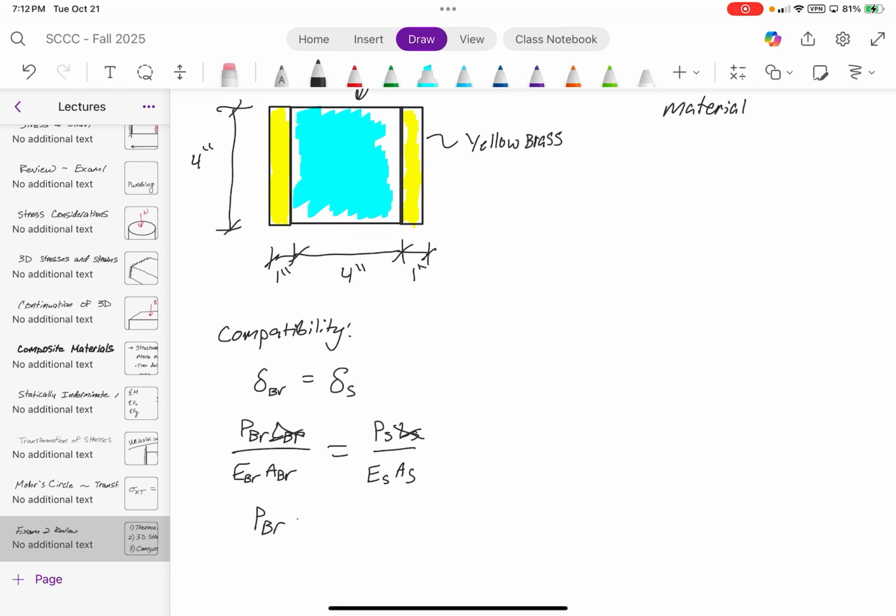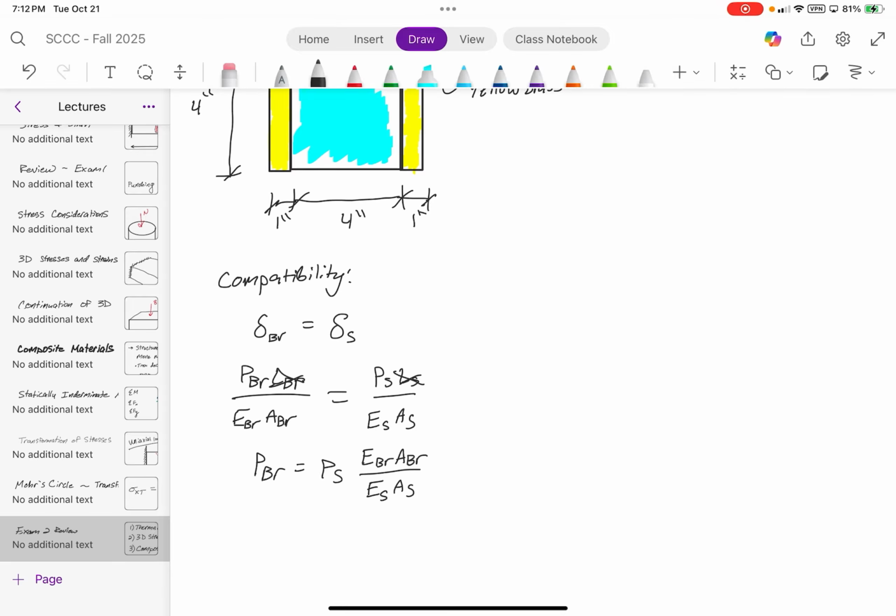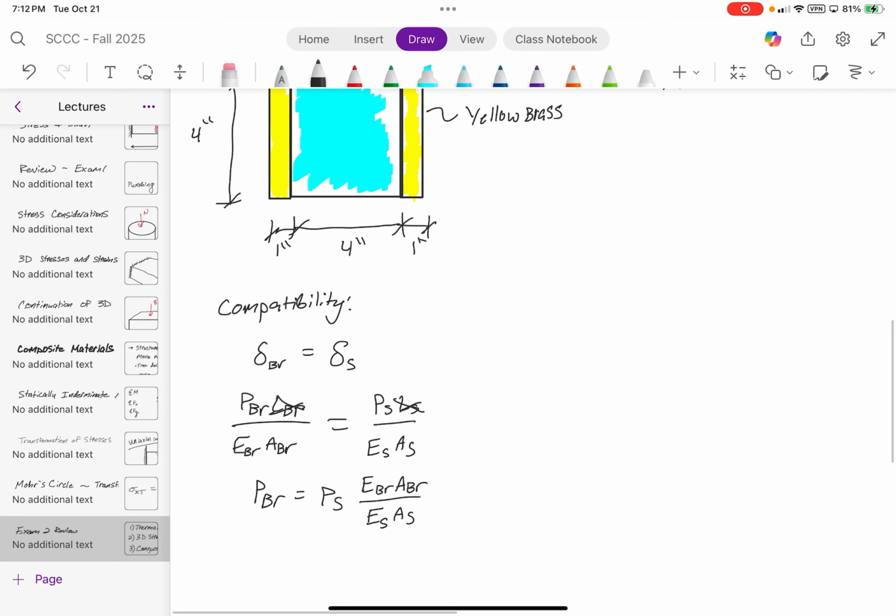From here, we get that the force in the brass is equal to the force in the steel times E_BR A_BR over E_S A_S. You guys might have done it a little differently. That is perfectly fine. You could have related P_S to P_BR however you wanted. From this, you plug it in. So you got 15 times 10 to the 3, but that's going to cancel.